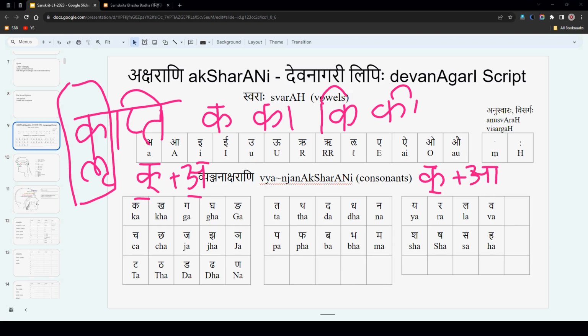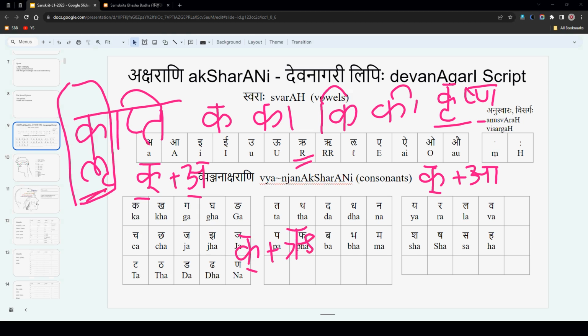Similarly, in the word Krishna, there is a kru. What is kru here? That is also vyanjana plus swara, right? This is not ka plus ra. That is ka plus this ru.